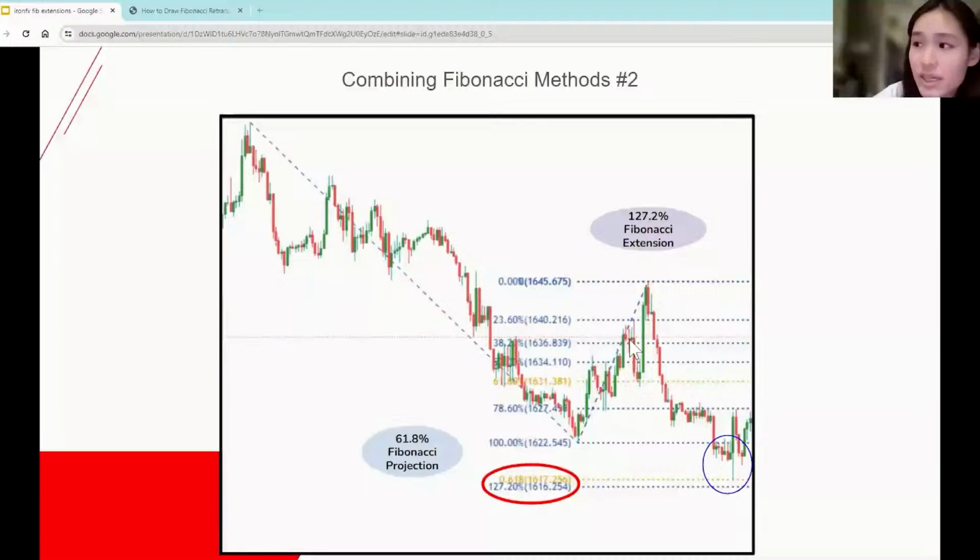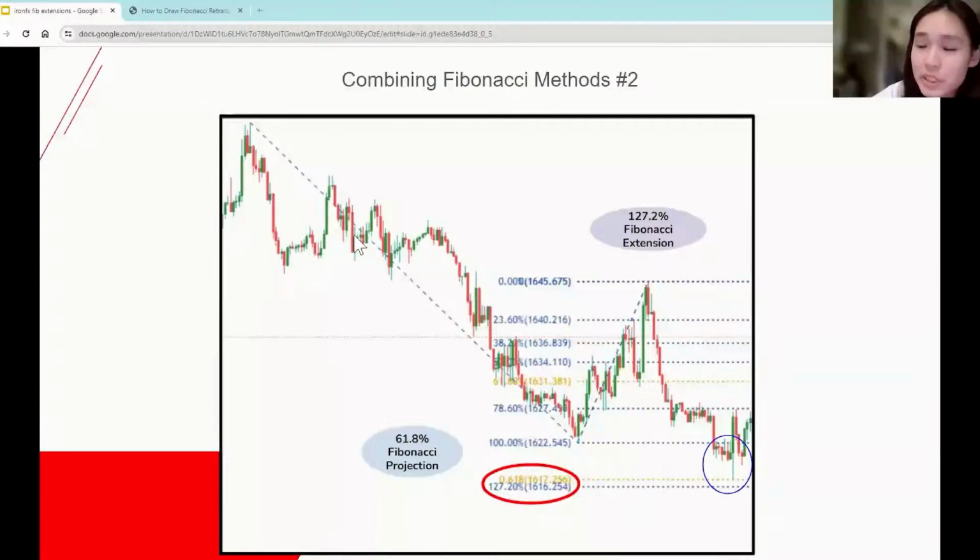So the Nike tick, if you can't see, the head of the Nike tick is from here, the swing low to the swing high. Because price has surpassed 100% of it, or retraced 100% of the head of the V shape, we can use it as our extension.